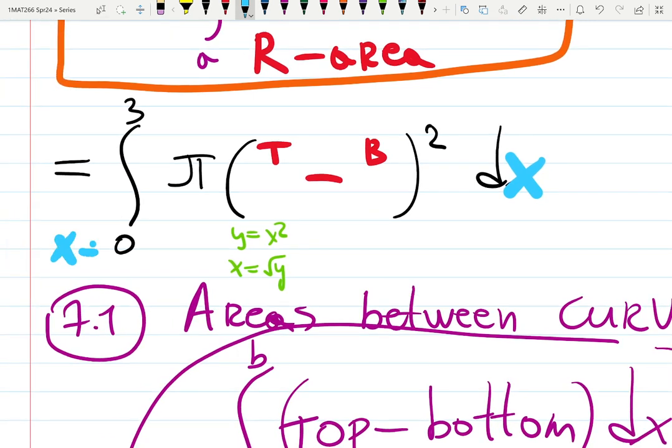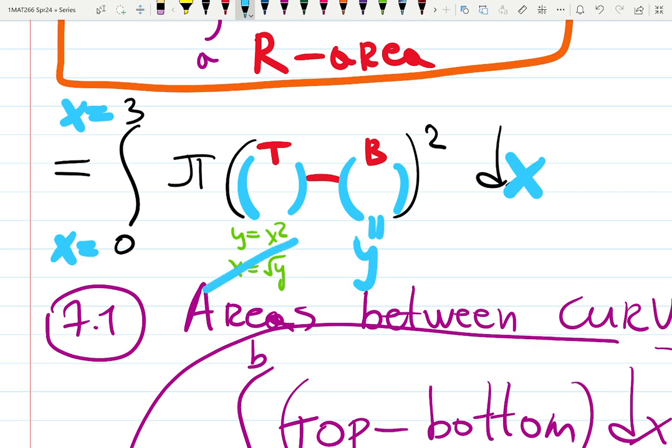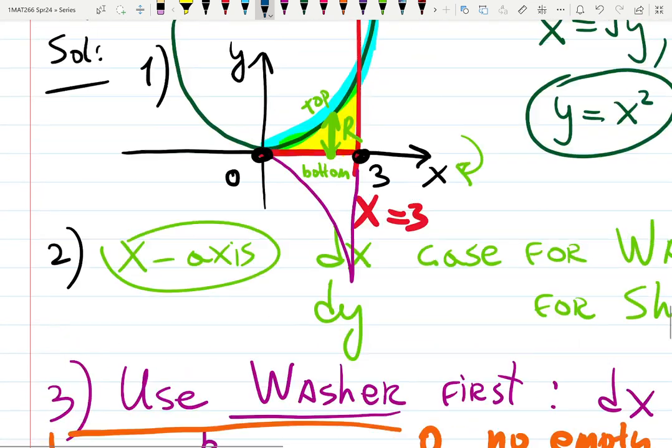X equals 0, x equals 3, and guess what? Y equals something in terms of x, and y equals something in terms of x. So y equals x squared, and what's the other function? 0. Thank you. Y equals x squared, y equals 0.